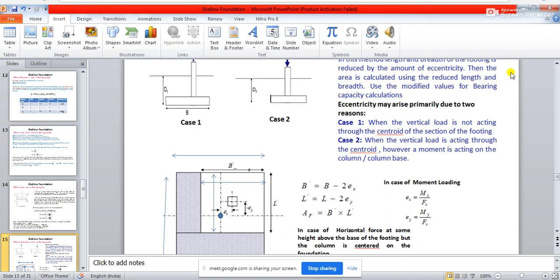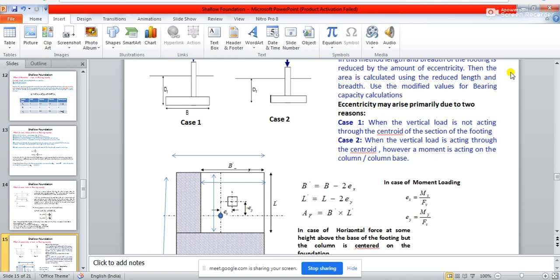And from that moment, whatever you will be calculating in the x direction and y direction, if you just divide that moment in x direction and y direction by the vertical load acting on the column, you are going to get the value of eccentricity. Once you get the value of eccentricity, you subtract twice the value of eccentricity from the breadth and the length of the footing to get the effective breadth and effective length.